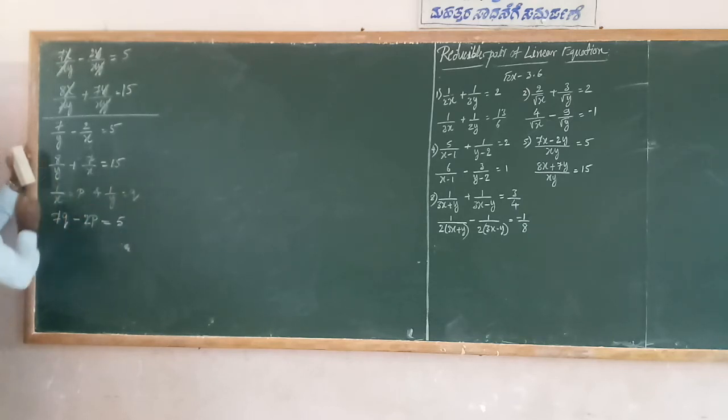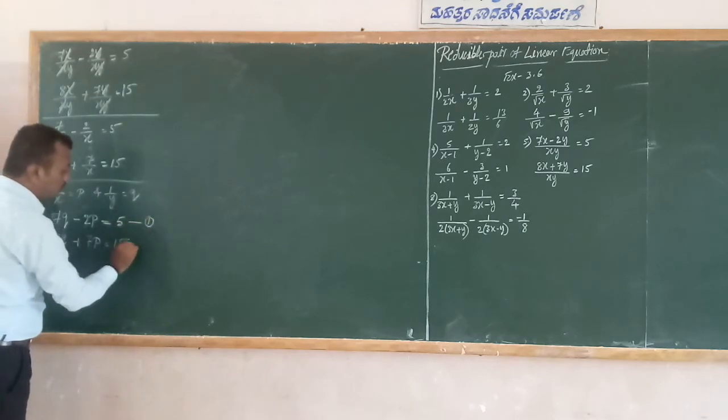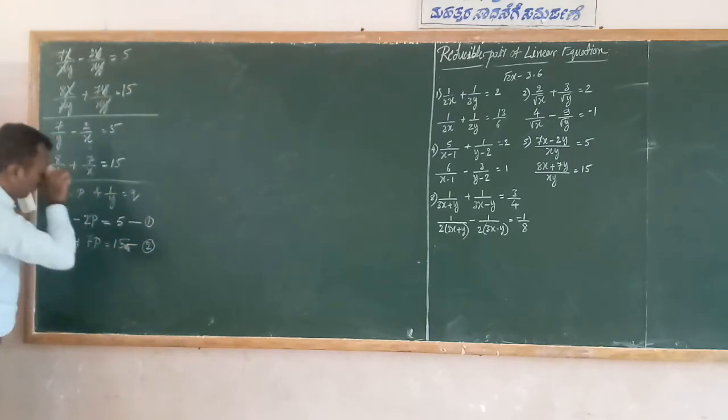Next, the second equation, 8 upon y, therefore 8q plus 7 upon x means 7p. It is equal to 15. So call this number 1 and this number 2.